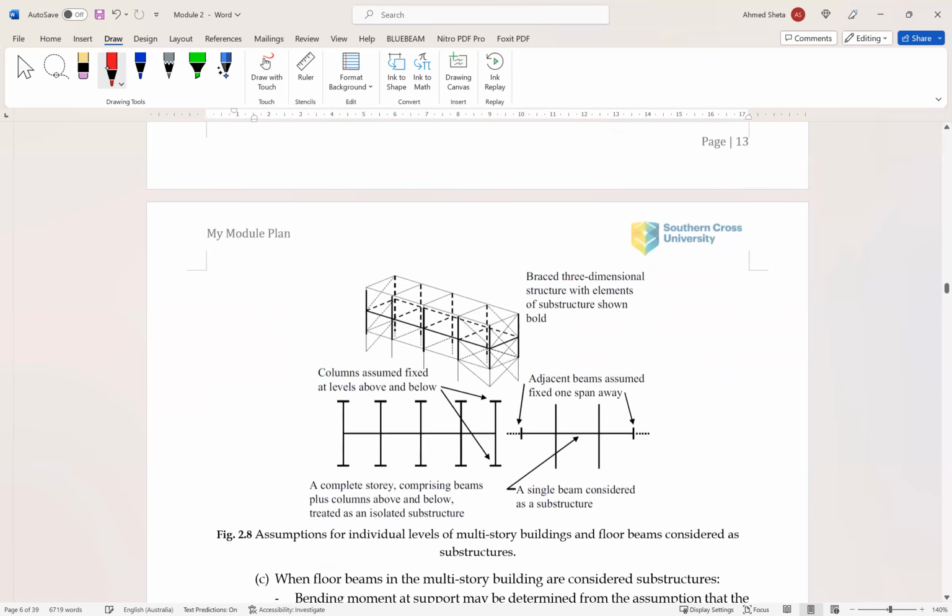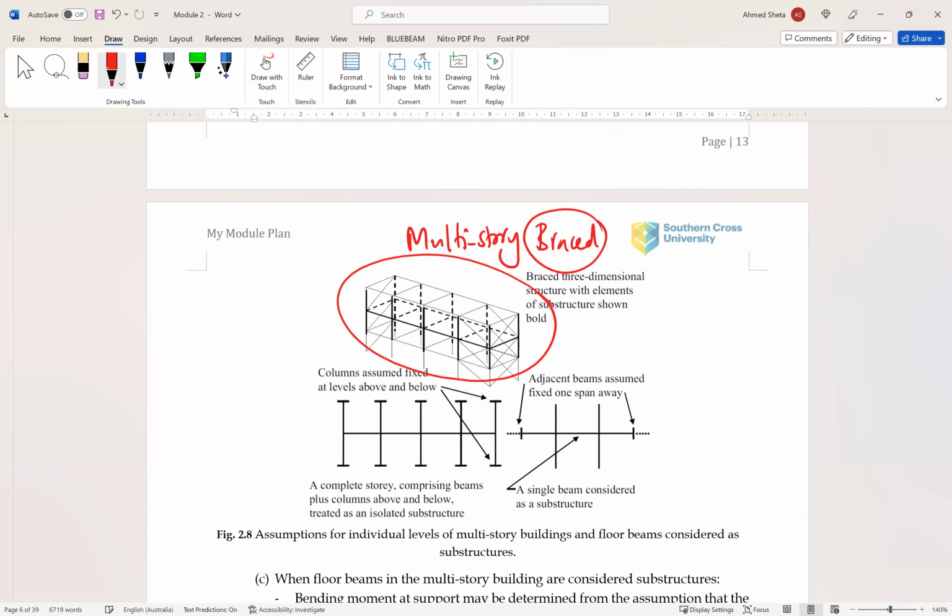So as you can see here, if this is the structure of a multi-story building, the main thing is that it should be braced. So you can subdivide this, taking the floor or the beam with the upper and lower column. So this is your substructure.